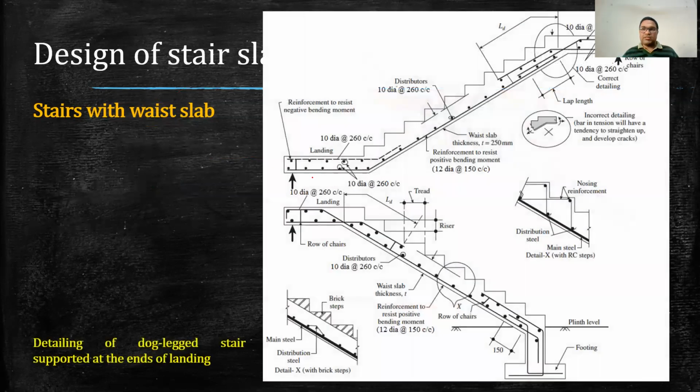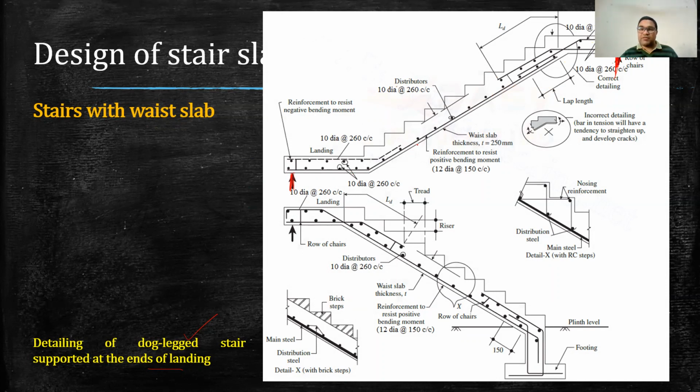So first I will show you the reinforcement detail. Here you can see the staircase reinforcement detailing for a dog leg staircase supported at the ends of landing. Here when support is at the end, you can see these are the support points. In that case, we provide mainly two types of reinforcement.